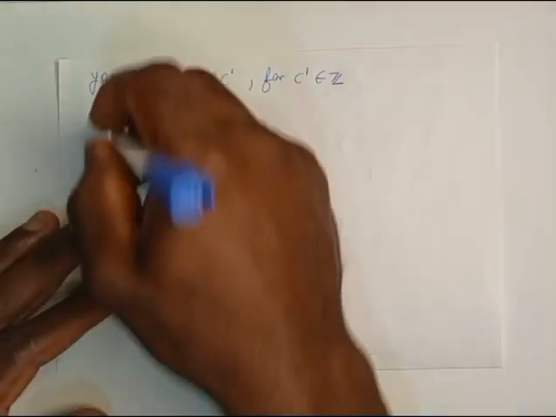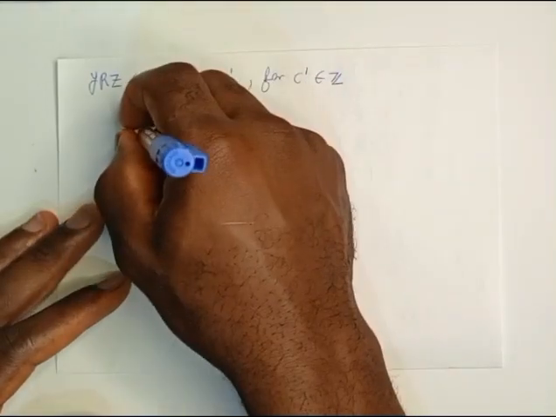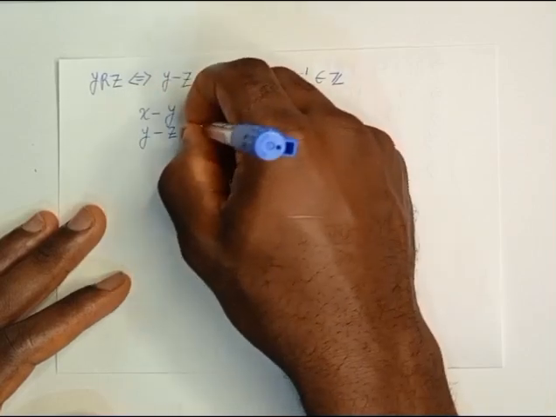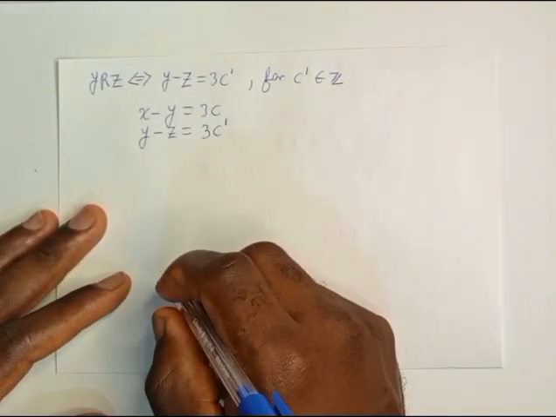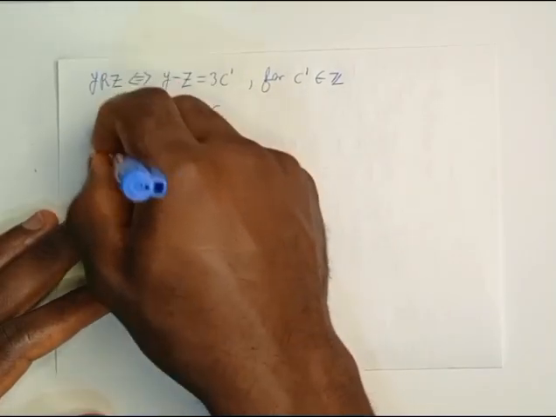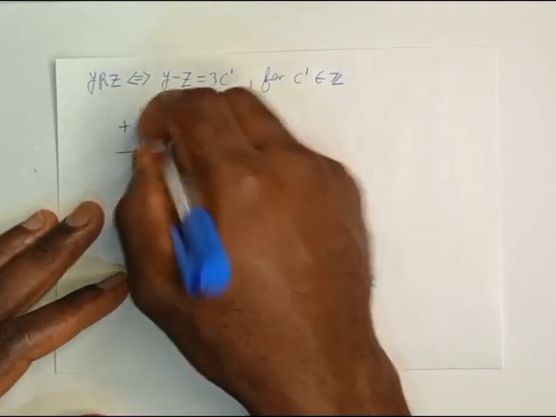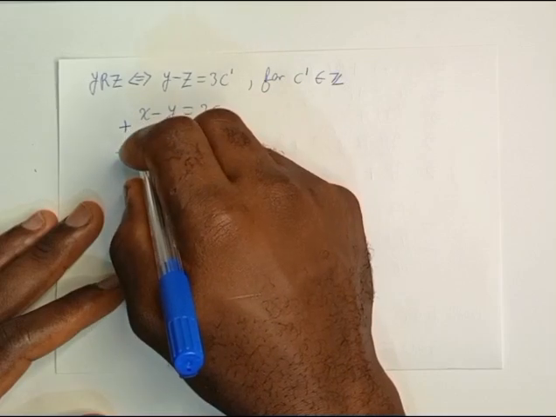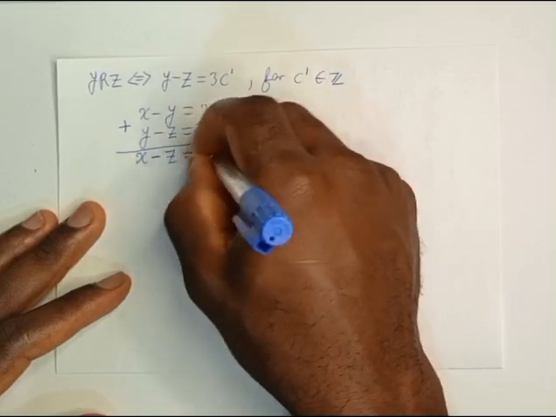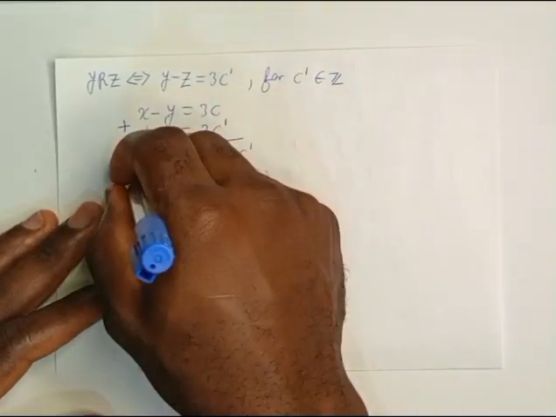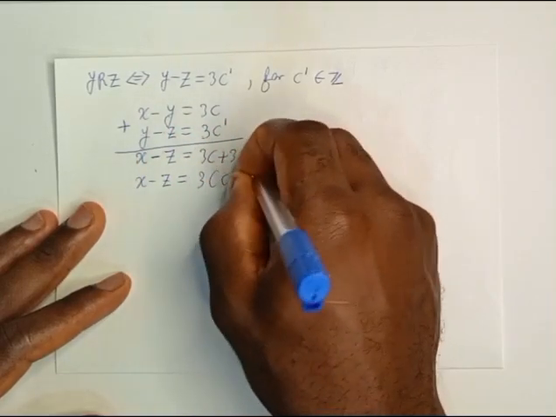We have two equations as such: x minus y is equal to 3c, and y minus z is equal to 3c prime. If we add the two equations, x will come down, negative y plus y gives 0, negative z comes down, x minus z will be equal to 3c plus 3c prime. This will give us x minus z to be equal to, we can factor 3 times c plus c prime.